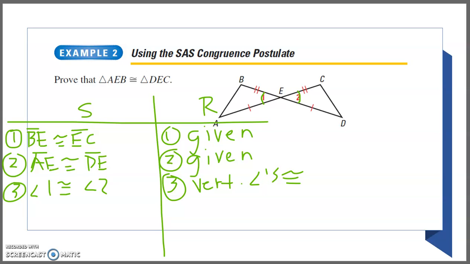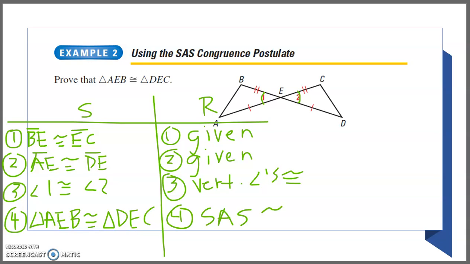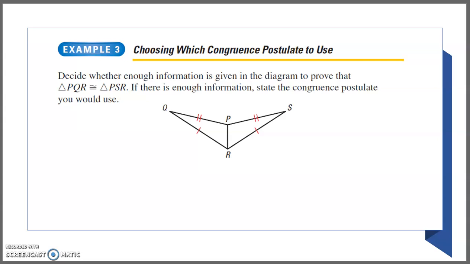So I am now able to make my conclusion that triangle AEB is congruent to triangle DEC, and this is by the side angle side congruence postulate. The one challenging piece that you had to come up with on your own was the fact that vertical angles are congruent, which is not new to us, but we do need a little bit of practice with it.